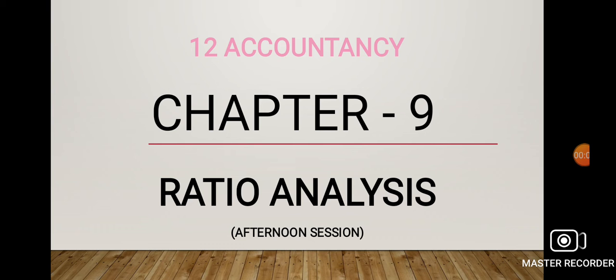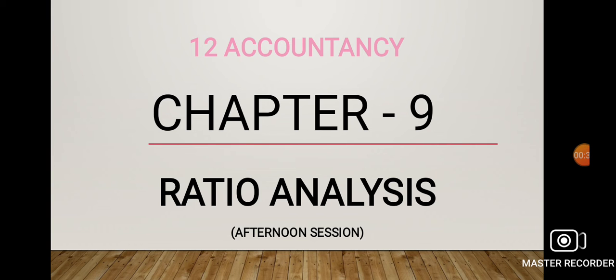Now we are going to continue the same chapter 9, ratio analysis, under the topic profitability ratio. What is the profitability ratio? Profitability ratios help to assess the profitability of a business concern. This ratio also helps to analyze the earning capacity of the business in terms of utilization of resources employed in the business.